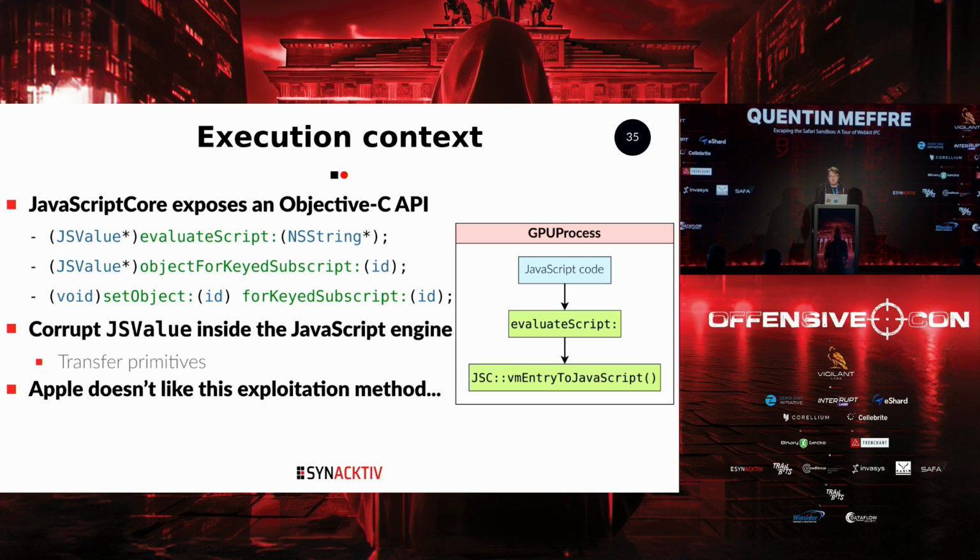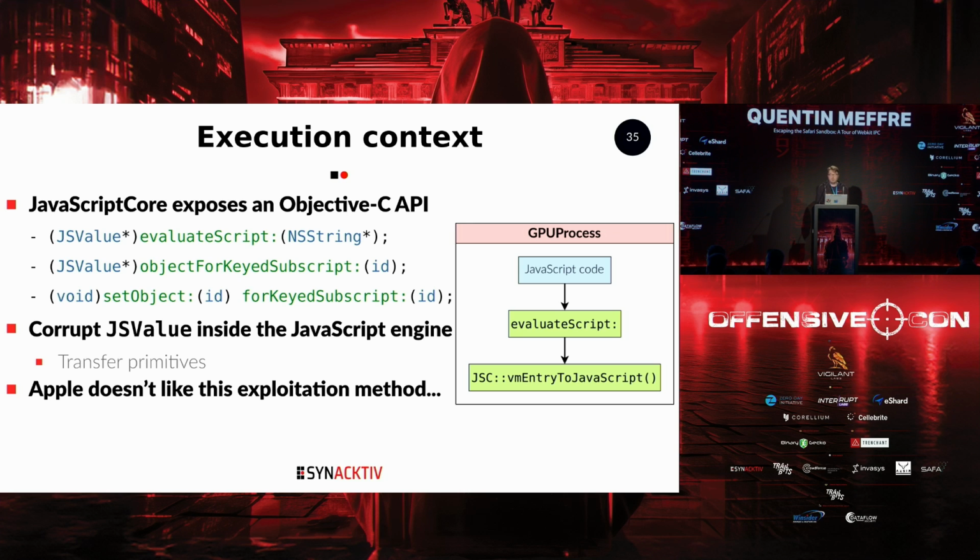They can do that using the Objective-C API exposed by JavaScriptCore. For example, you have the evaluateScript method, which allows evaluating the given JavaScript code. But you also have objectForKeyedSubscript and setObject:forKeyedSubscript, which allow getting and setting JS values inside the JavaScript engine.